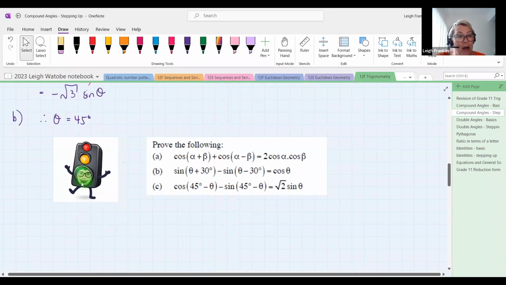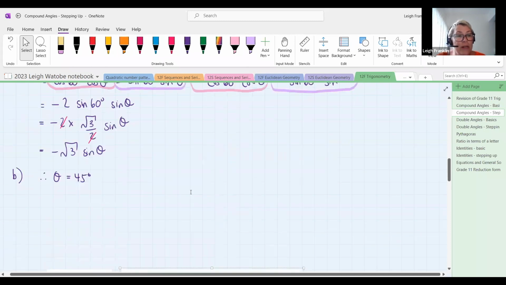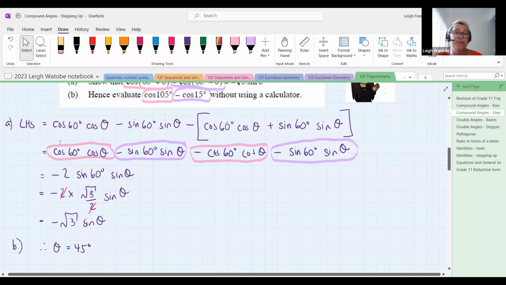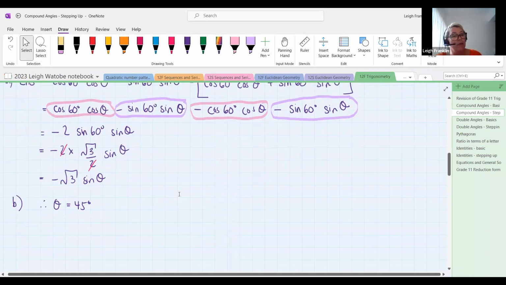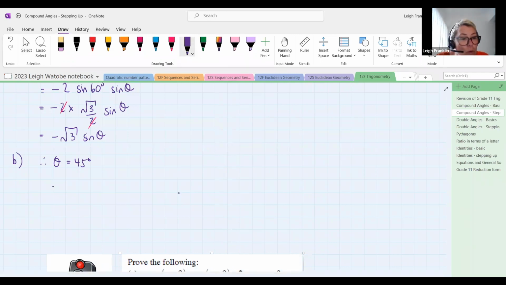Now that we've acknowledged that, which is what a lot of you had already said, all we have to do is sub it into our final answer. We don't have to go through the process of line number 1 and line number 2 again. Here we would have minus root 3 sine 45.